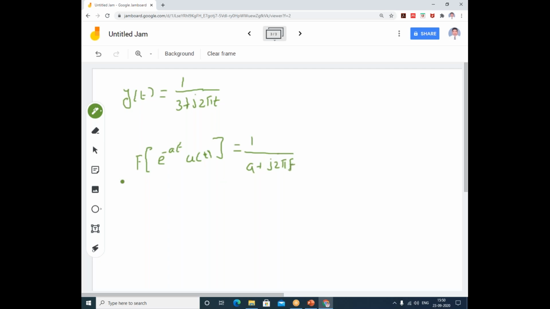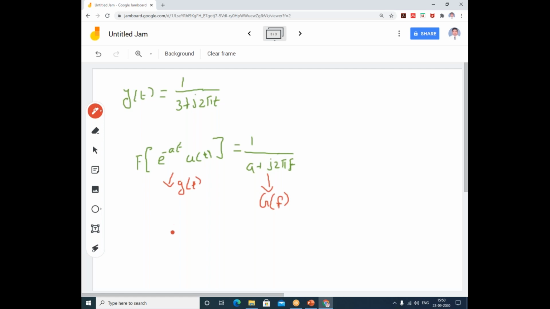The Fourier transform of e power minus at into u of t is 1 by (a plus j2πf). Now I am assuming this as small g of t, since it is in the time domain, and this I can write as capital G of f, since it is the Fourier transform.